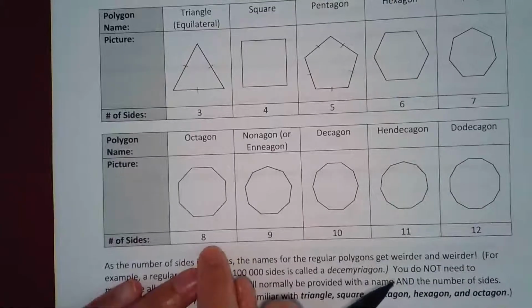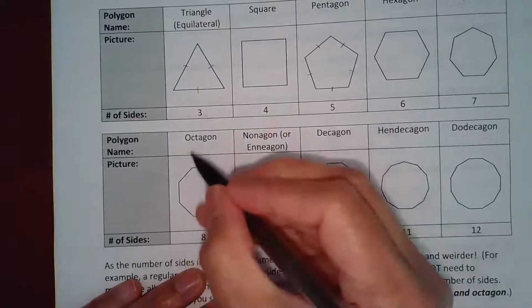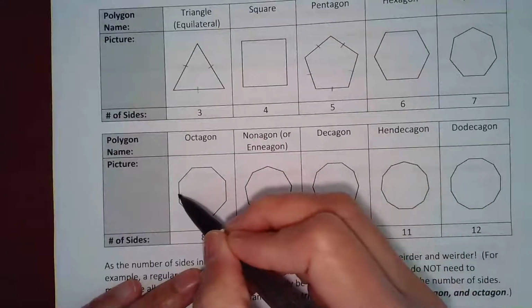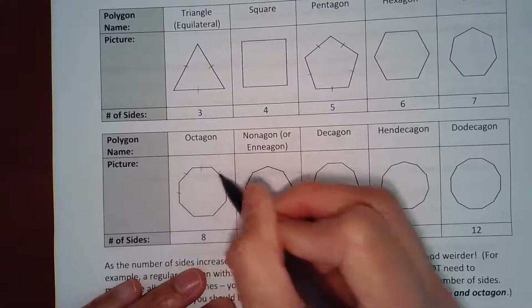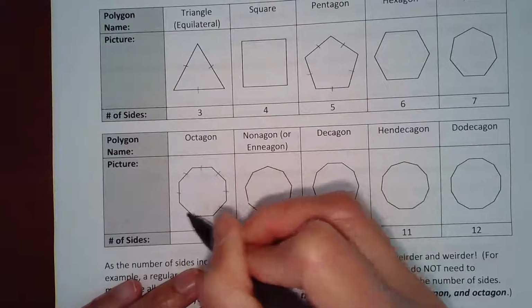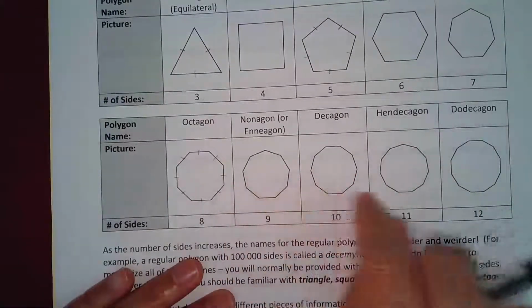This one here, an eight-sided polygon, is called an octagon, and this is what it looks like. So there should be 8 sides to this. So let's go 1, 2, 3, 4, 5, 6, 7, 8. And then it can keep going and going.